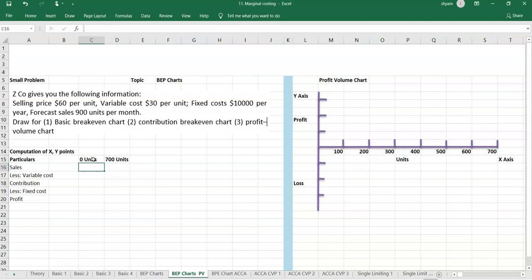Okay, so let's start. Any workings we'll put here. So 0 units, which is sold at a price of 60, the amount is 0.